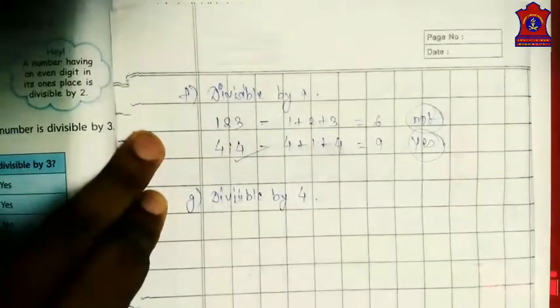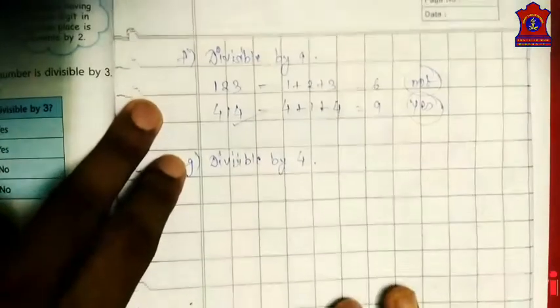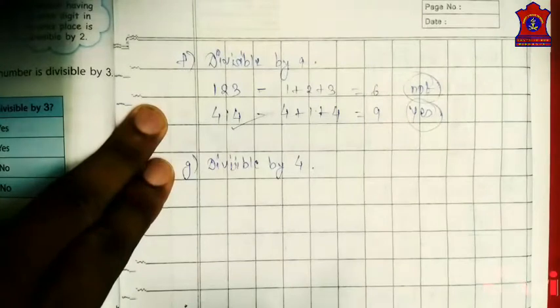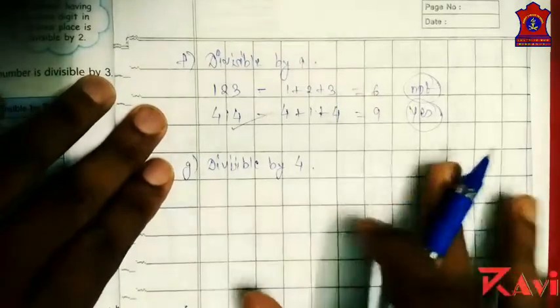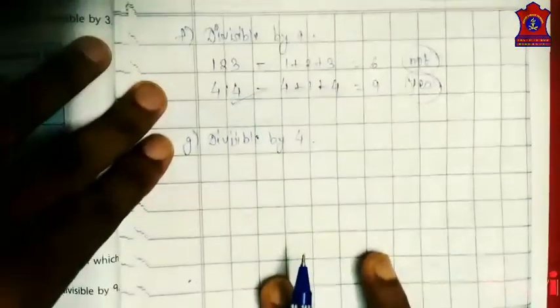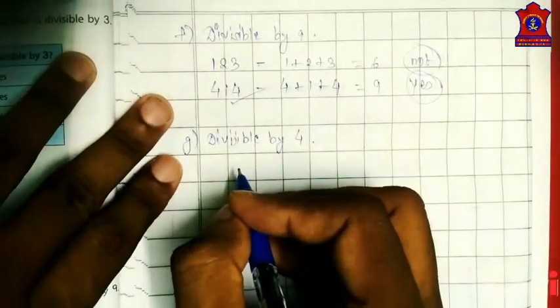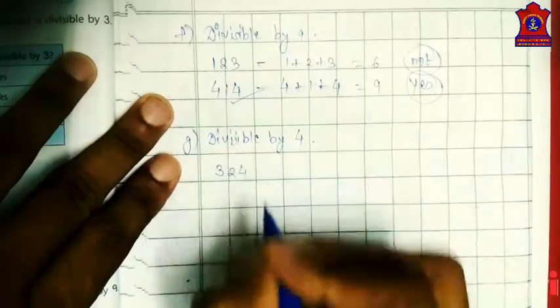A number is divisible by 4 if the number formed by the last 2 digits on its extreme right is divisible by 4. See, to understand it, we can take an example. For example, take a number like 324.